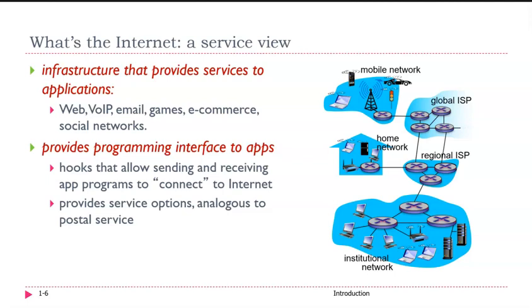And this courier service or postal service has its own API, its own set of rules that this company has to follow. So I repeat, this postal service or courier service has their own set of rules that they have to follow in order to deliver the parcel to Ali.